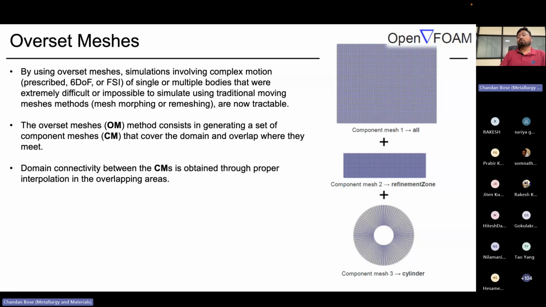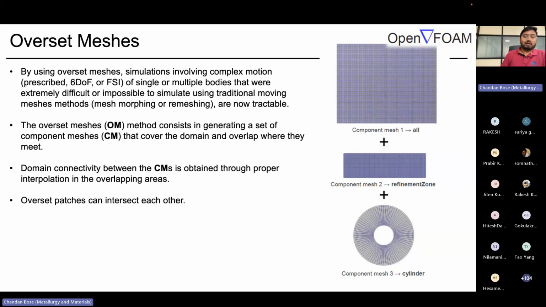However, how do we transfer the flow field variable data between components? The only way of doing this is using appropriate interpolation techniques. And inherently, when we use interpolation techniques, it involves interpolation errors. So in terms of accuracy, overset meshes are comparatively lower accuracy as compared to mesh morphing or the arbitrary Lagrangian Eulerian approach.